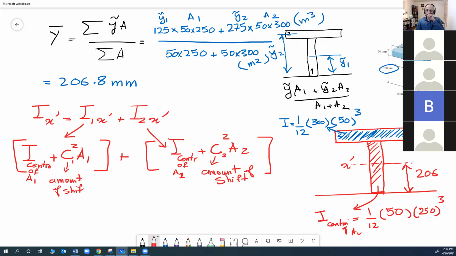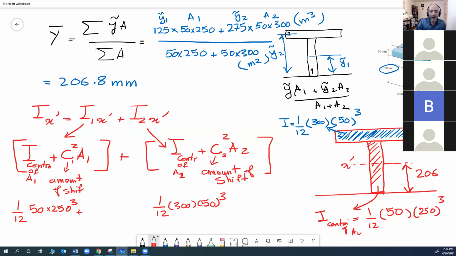All right. So let me put this here. This is going to be area 1. Which one is area 1? 1 over 12, 50, 250 to the power of 3. This one is going to be 1 over 12, 350 to the power of 3.